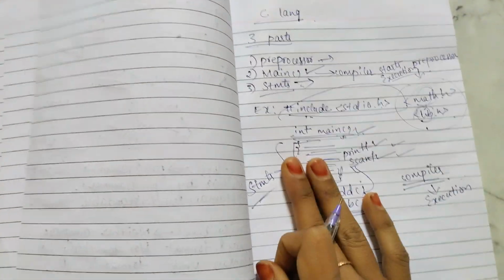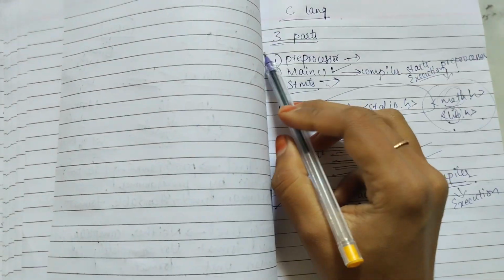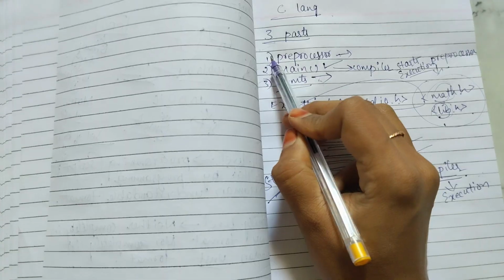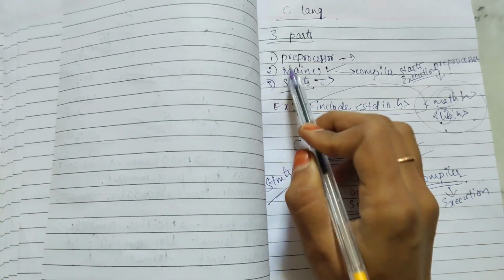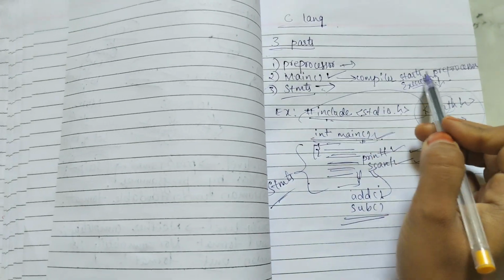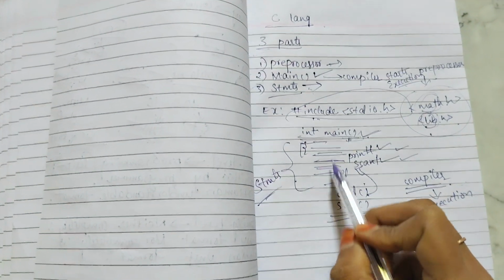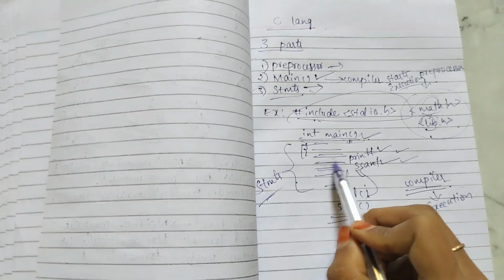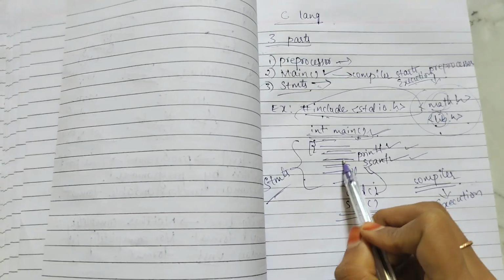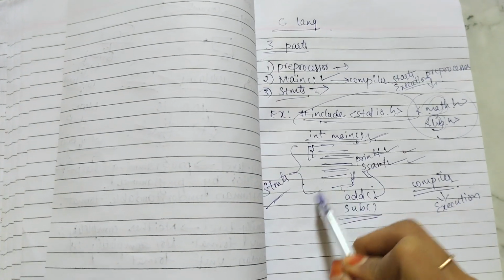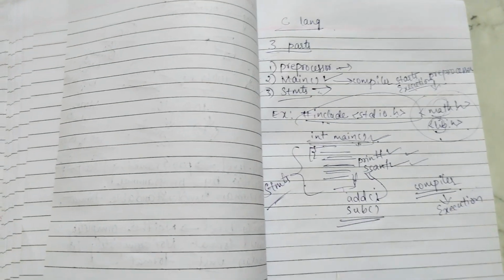And every program should include these three parts. Preprocessor should be there, the main function, because from this only the compiler starts execution, and statements inside the main function are executed. Whatever we write inside the main function will be executed and return the output based on the given input. Clear with this?